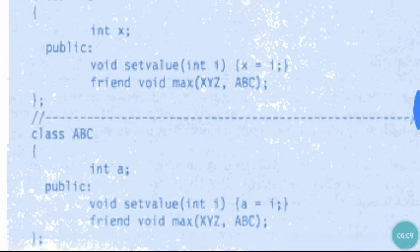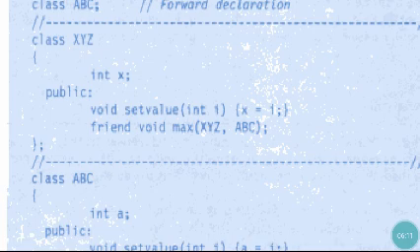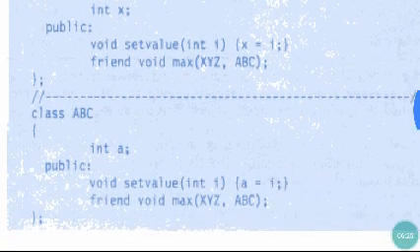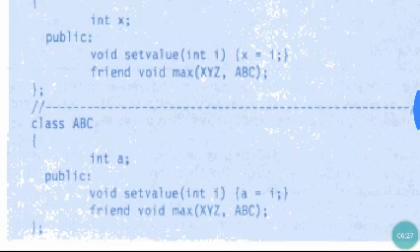You can find it through a friend function. So we see friend void max(XYZ, ABC), because both the classes are required. In ABC also you see the same declaration, friend void max(XYZ, ABC).